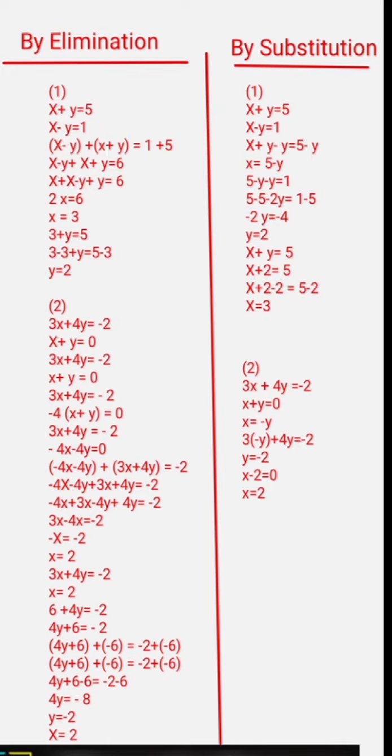So how do we go about this? The first thing you need to know when solving simultaneous equations using the elimination method is the coefficient of the dependent variable. s and y are the dependent variables. The coefficient is what is in front of s and in front of y.